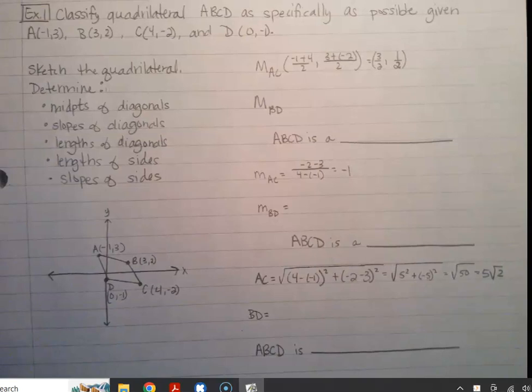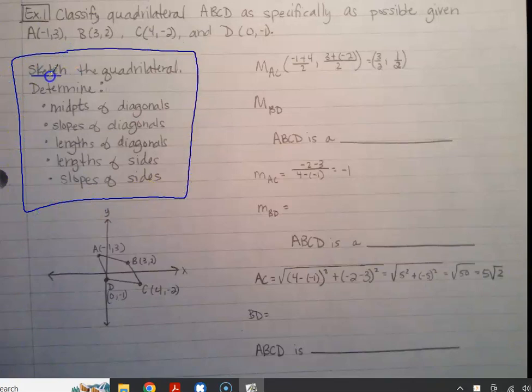So we have A is (-1, 3). I went ahead and sketched it because we've got some tips here to help us. The first thing is to sketch it. A is (-1, 3), B is (3, 2), C is (4, -2), and D is (0, -1).